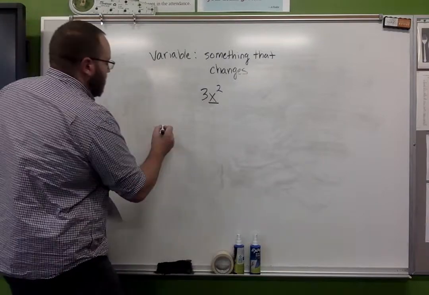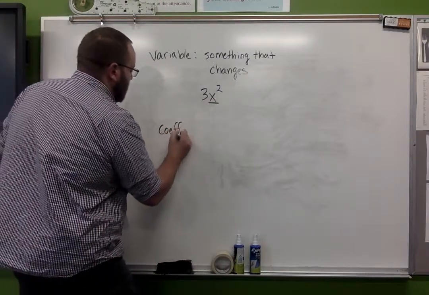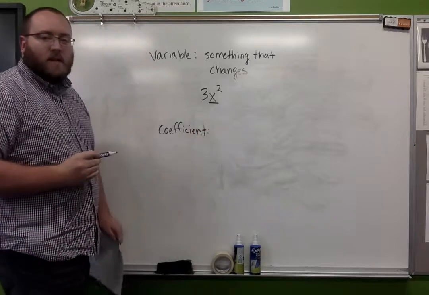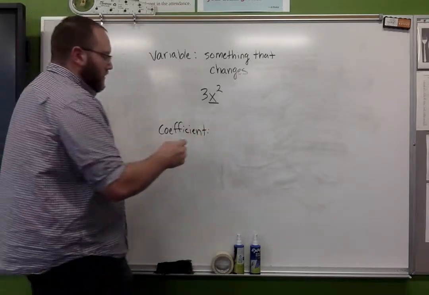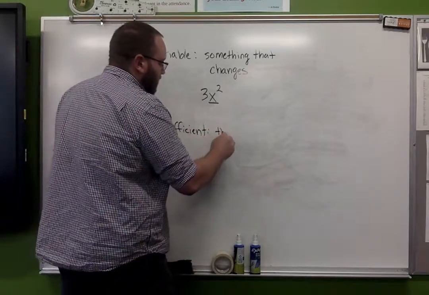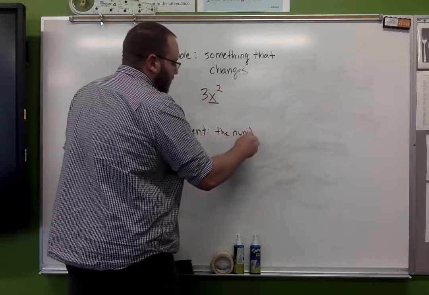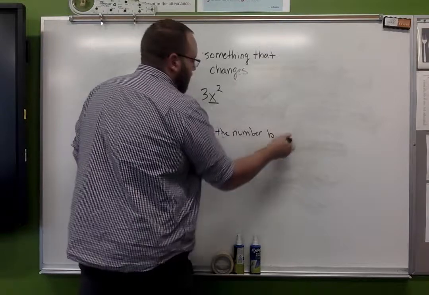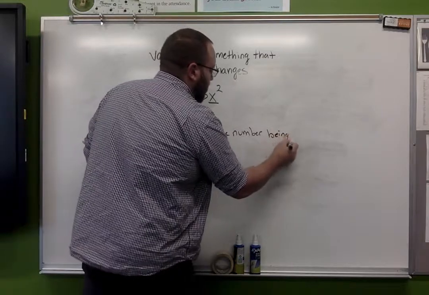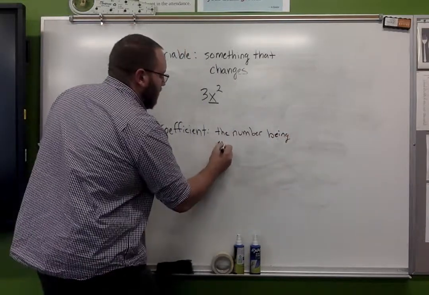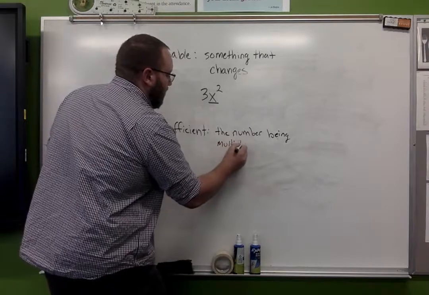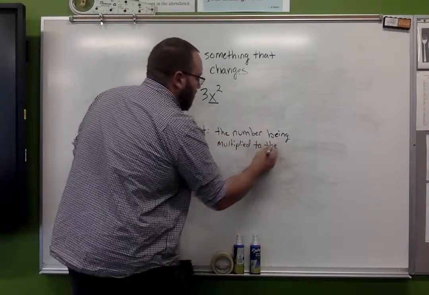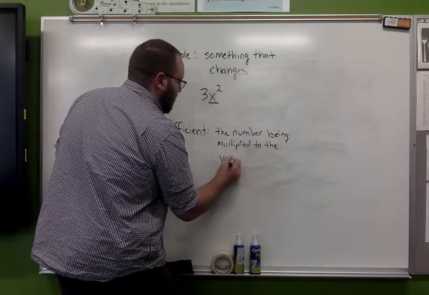A coefficient. That is the number being multiplied to the variable.